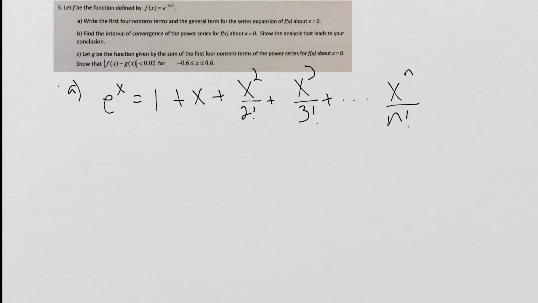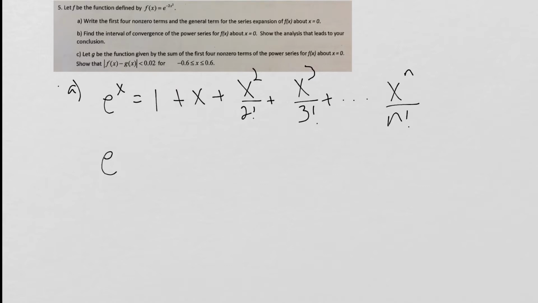Now what I can do is change all of the x's to negative 2x squared. This is e to anything. So I'm just going to think of my anything as being that right there. And how do I do that algebraically? I substitute in negative 2x squared everywhere that I have an x here. So it's not crazy at first.